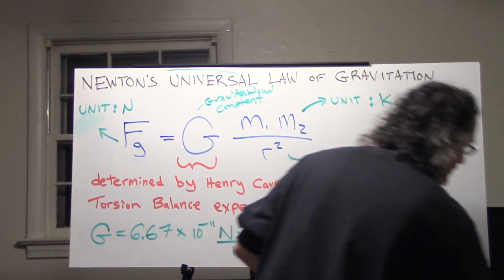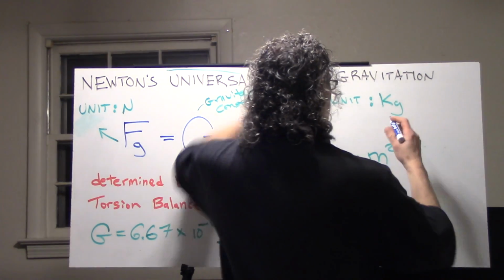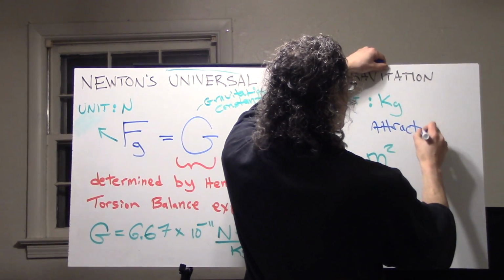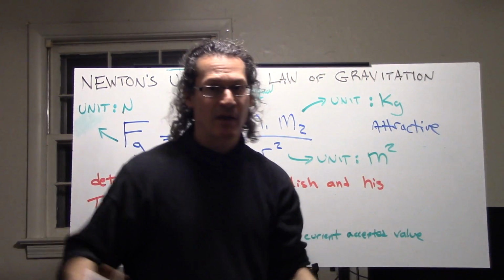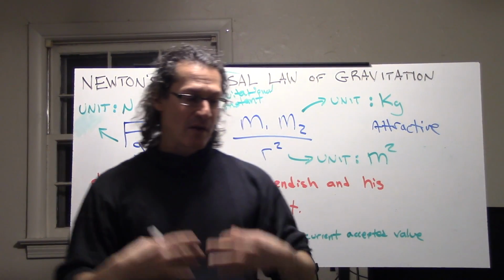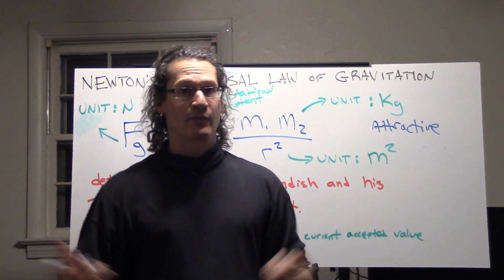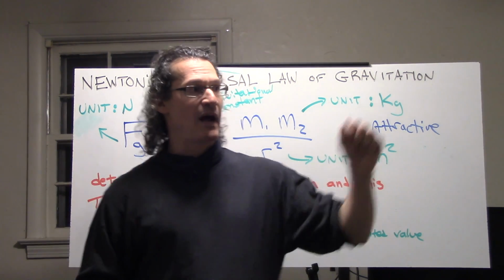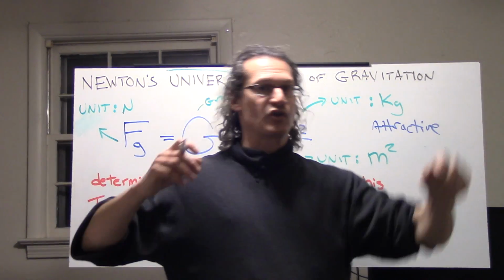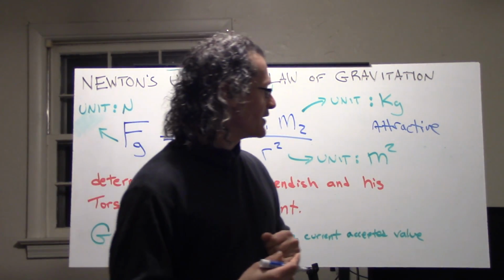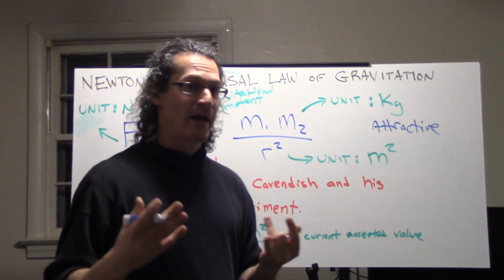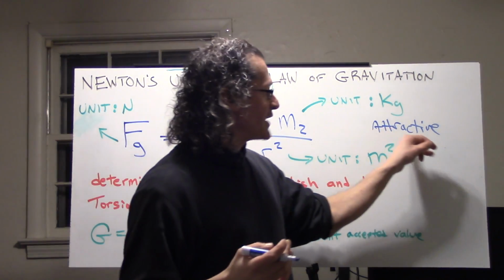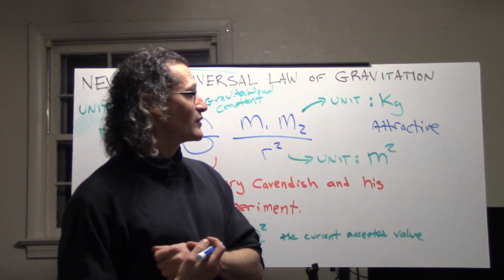So it is only attractive. It does not repel. It only brings things together. When we study electrostatics, which is the fancy name for static electricity, where you have charges that are positive and negative, you can get repulsion and attraction depending on how you organize the combination of elements of subatomic particles. But in the case of mass, it's always attractive. So that's an important thing to know.